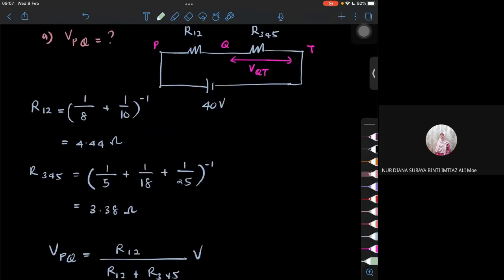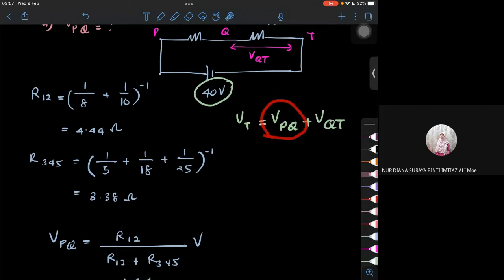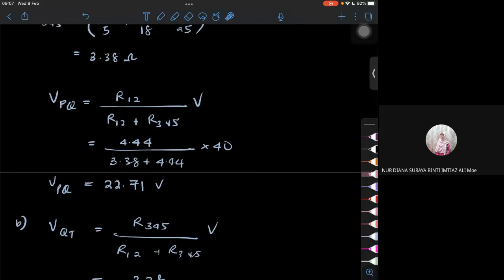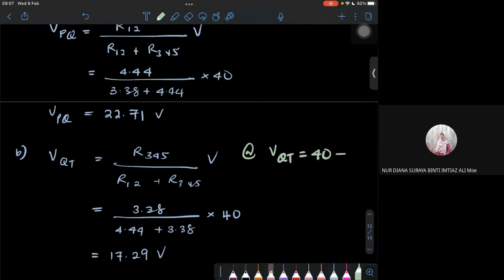Since dekat sini adalah 40, right? So V total will be equal to VPQ tambah dengan VQT. Since tadi kita sudah kira VPQ, so in order to find VQT, we just tolak saja. So here, another method we can find is VQT equal to 40 minus 22.71.